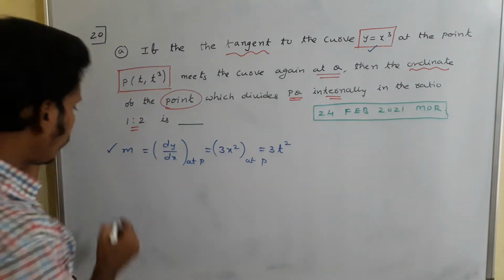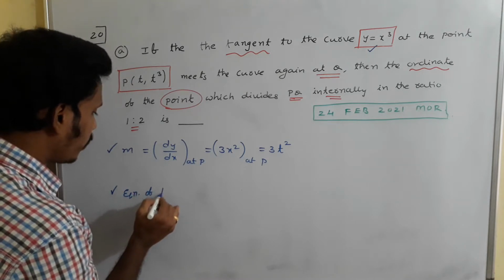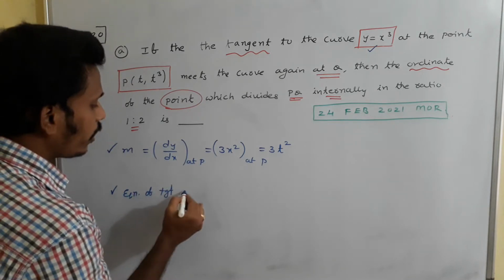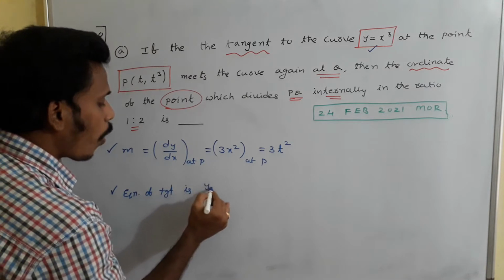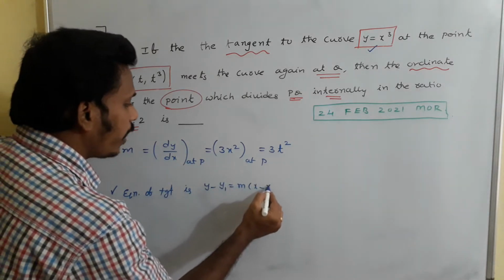So x value if you replace t, slope of tangent is 3t square. Since slope of tangent is 3t square, from there we will identify the equation of tangent. Equation of tangent is y minus y1 is equal to m into x minus x1.